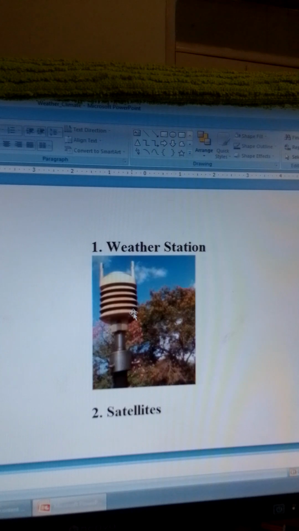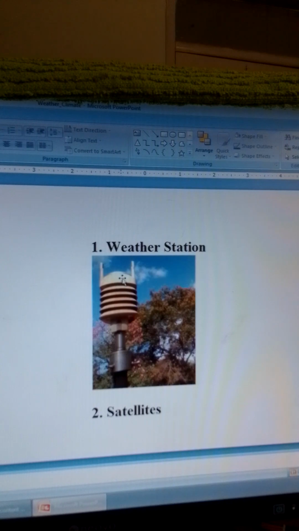This one is an automated weather station which measures a number of weather elements. In this particular case, we have a sensor inside here which measures air temperature, air pressure and humidity.